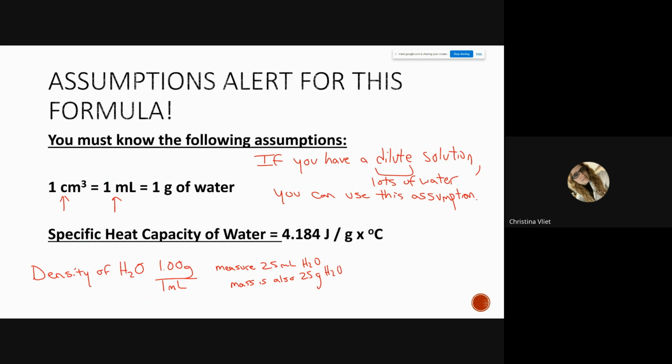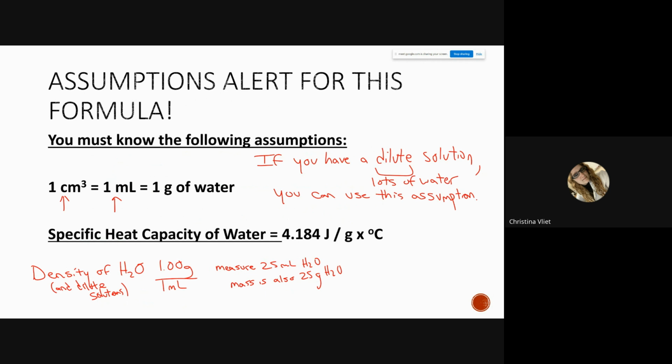You should write this down because it's going to show up in your lab. They're going to ask you to measure a volume of water or a volume of a dilute solution, and you're going to have to know to use that as your mass because of this. The density of water and of dilute solutions, meaning lots of water in the solution, is 1 gram per 1 milliliter.